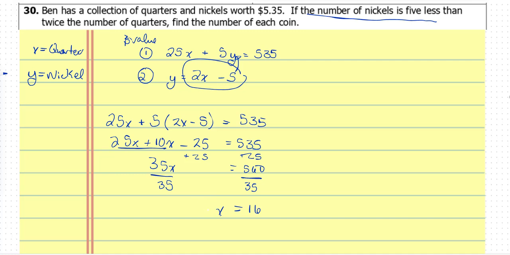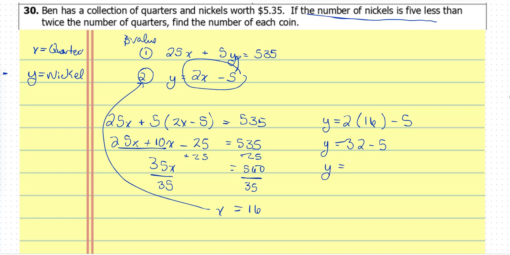I can use this information and go back up to my second equation where I had y is equal to double my quarters, well my quarters were 16, minus 5. So that's 32 minus 5, which is equal to 27.